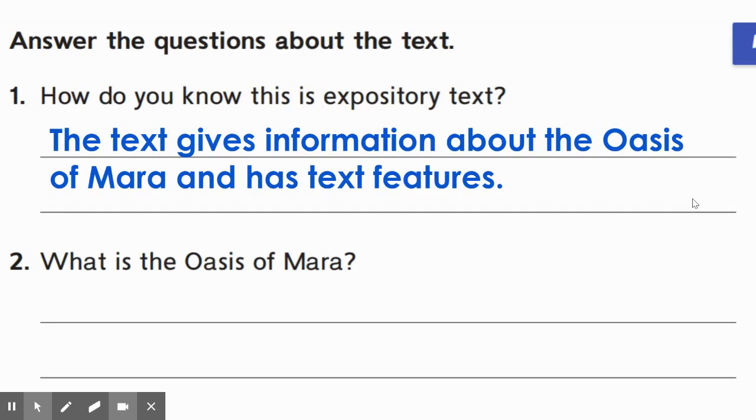Second graders, we have really been practicing writing complete sentences, so please double check for capital letters to start your sentence and a period to end. My answer reads, The text gives information about the Oasis of Mara and has text features. So it meets the requirement of being an expository text. Press pause while you record your response and press play when you're ready to move on to number 2.